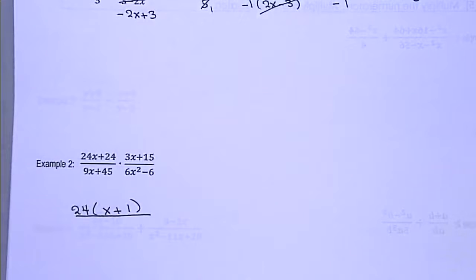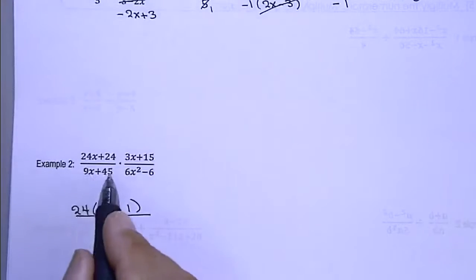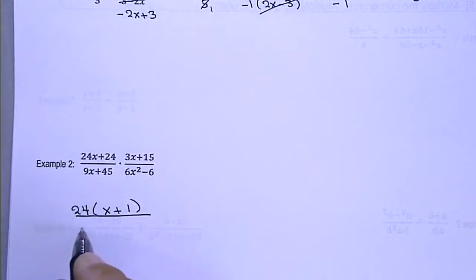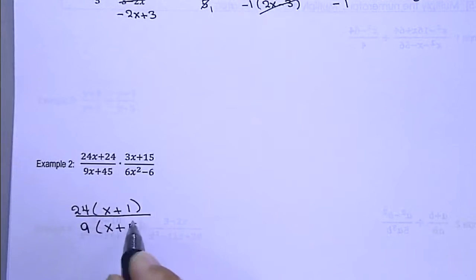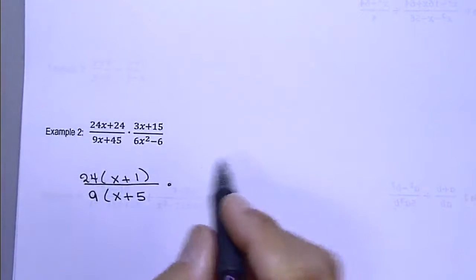Hang on, I just need to make a note on my notes real quick. I see a GCF of 24, and then down here, I see a GCF of 9. Well, as it is, those don't look like they're going to do too much for reducing. I mean, I know I can reduce a 3 in both of these, but let's see what else happens.